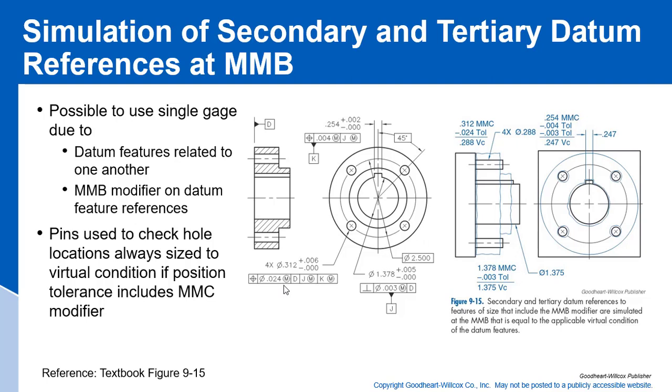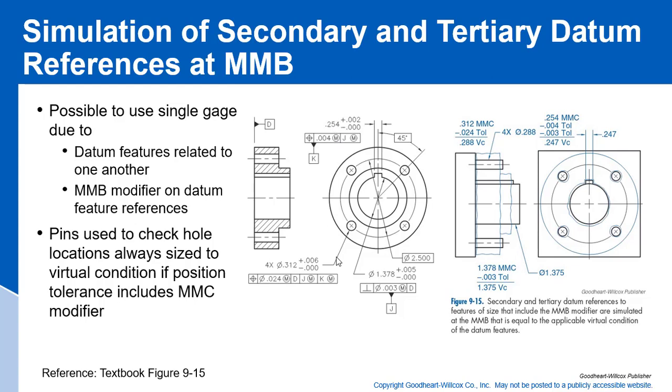We have a positional tolerance of 24 thousandths at MMC to datum D, which is primary, datum J, which is the secondary, which is this bore in the middle, and then datum K, which is this slot keyway here.